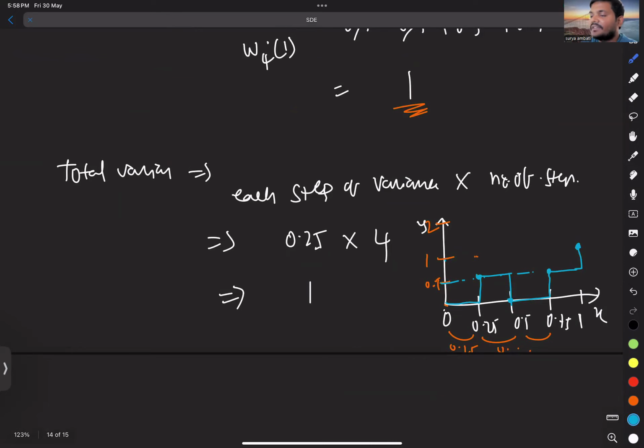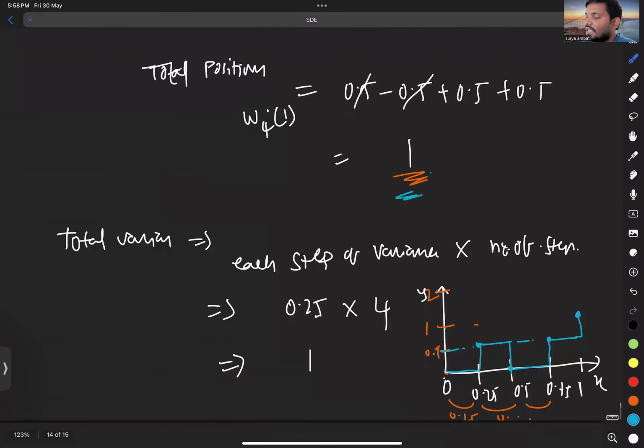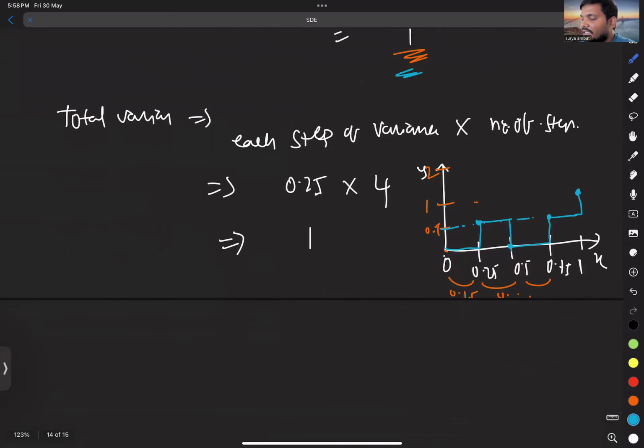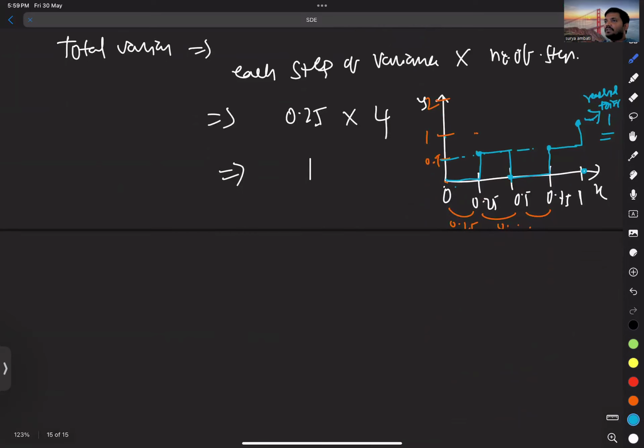So if you see, our graphical representation also says the same thing, how this 1 comes. He is at 0, and after taking the 4 steps, he reached 1. So now we understand how to calculate the Brownian motion, right?